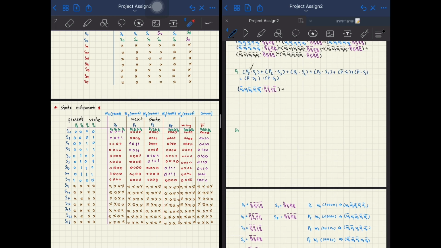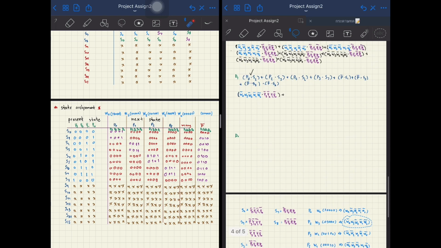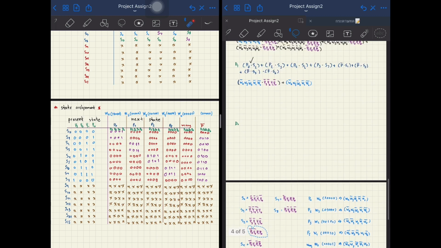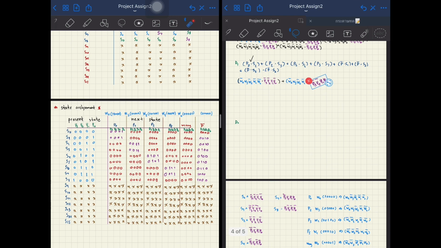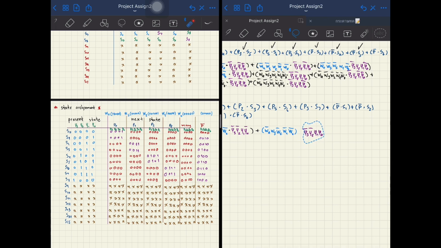P2 and with state 3. State 3, right? Copy. I must P2 and with state 3.